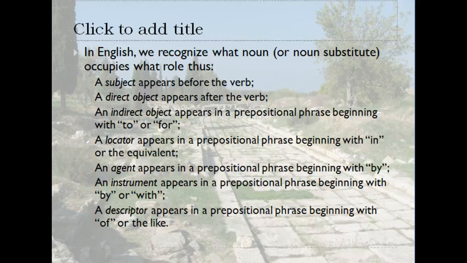In English, subjects almost always precede the verb and direct objects come after the verb. If we were to switch these around, we would quite potentially confuse our hearer or our reader in English.